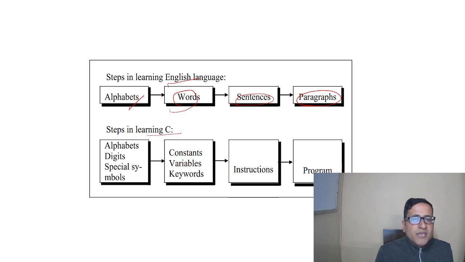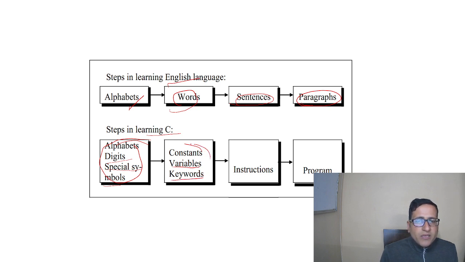Similarly, in the C language we require the alphabets, the digits, and the special symbols, and with the help of these alphabets, digits and special symbols we make the constants, the variables, and the keywords.